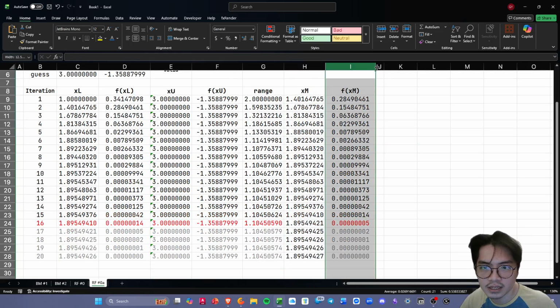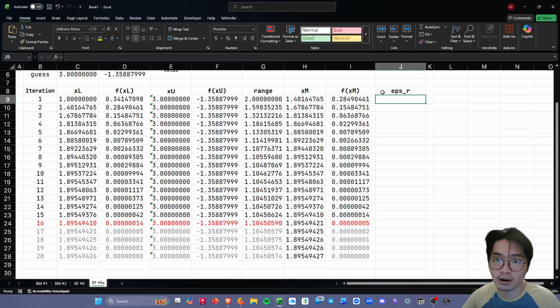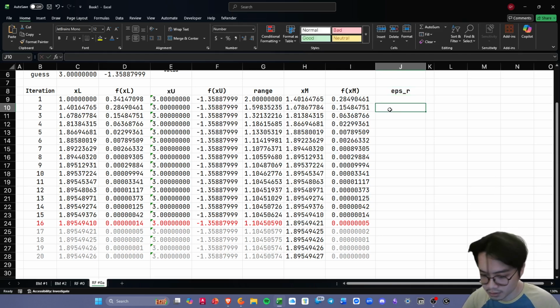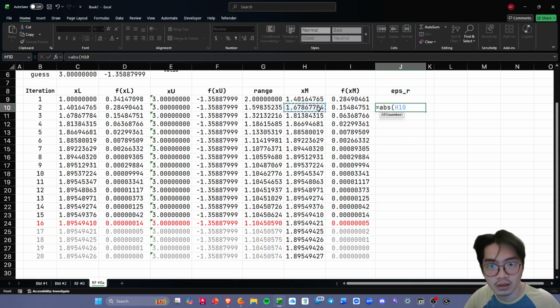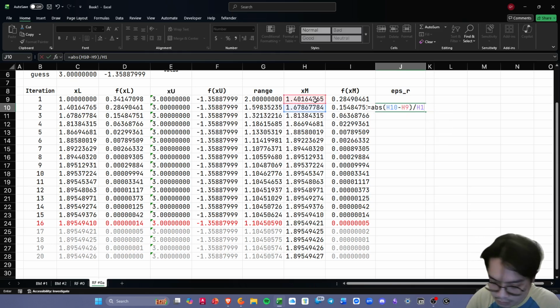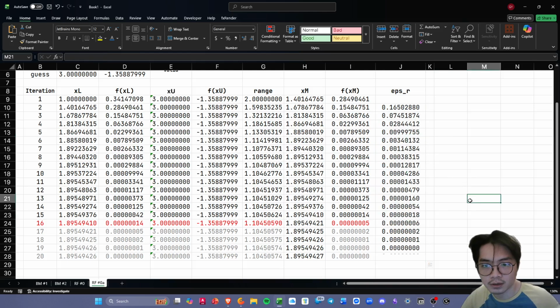And let's see in here what kind of epsilon we're going to create. Epsilon r. Let's try this. Absolute value of this minus this all over this. There you go. Let's look at our epsilon now.